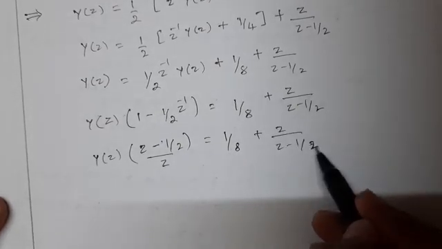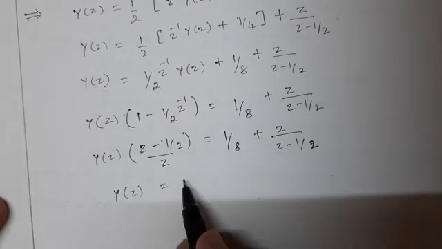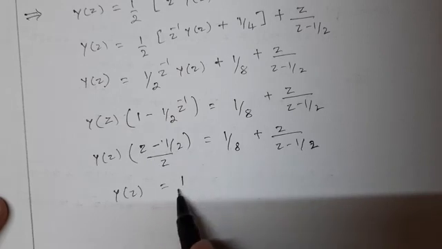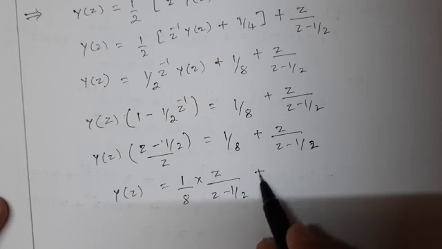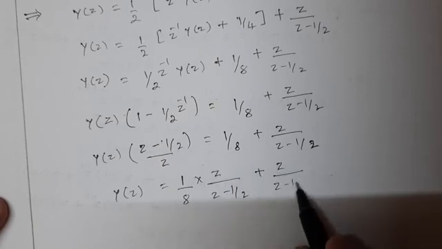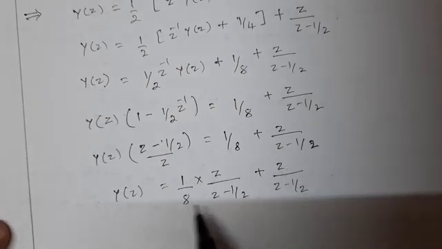Why have I done it? Because I want to shift this term here. So when you shift this, 1 by 8 into z divided by z minus half plus z divided by z minus half. Am I right?